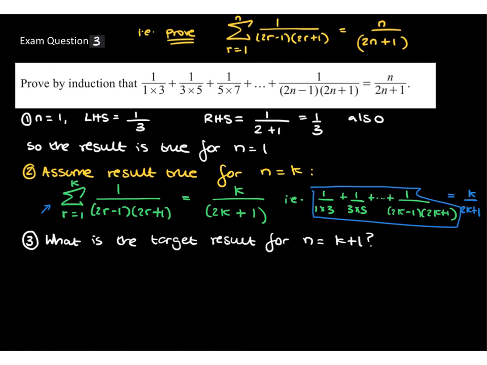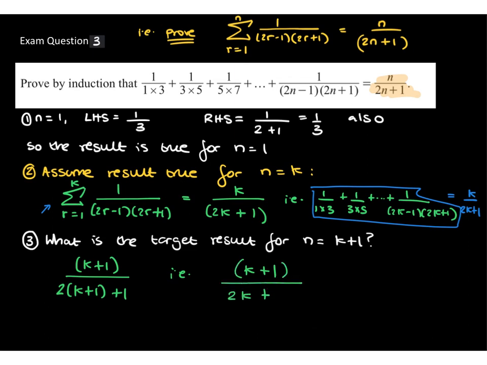So the target result for n equals k plus 1 is of course this result here with n replaced by k plus 1. So that would simply give us k plus 1 over 2 brackets k plus 1, which simplifies to give us k plus 1 over 2k plus 3. So this is our target result that we're aiming for.